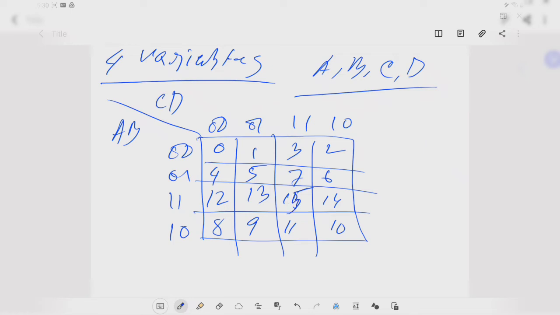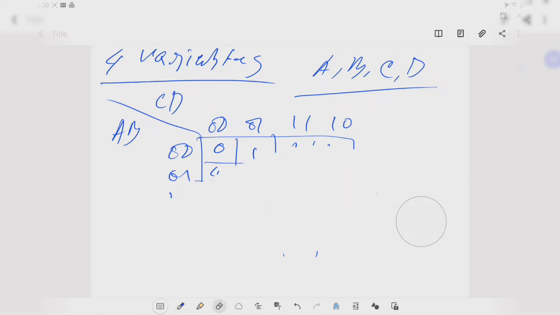Okay, so we now have the K-map for 2 variables, 3 variables, and 4 variables. Now we want to know how to simplify functions by using K-maps. Let's consider a small example. Actually, first we need to find the K-map, then we simplify.